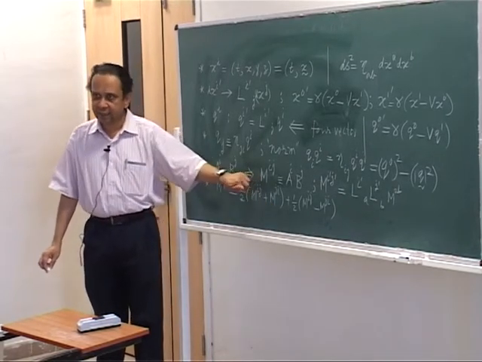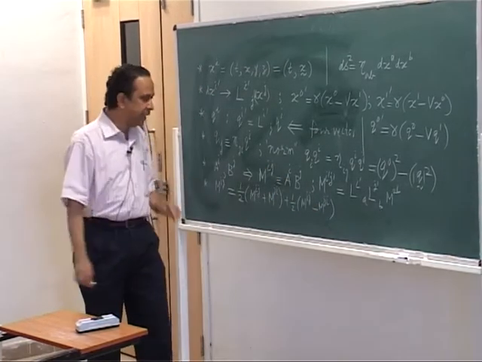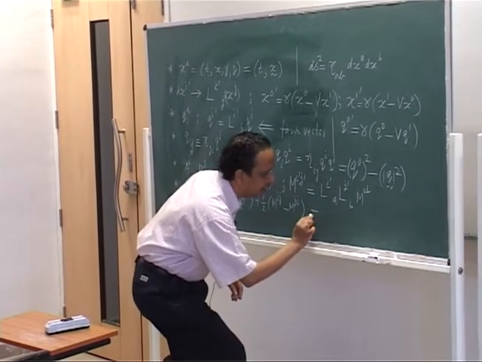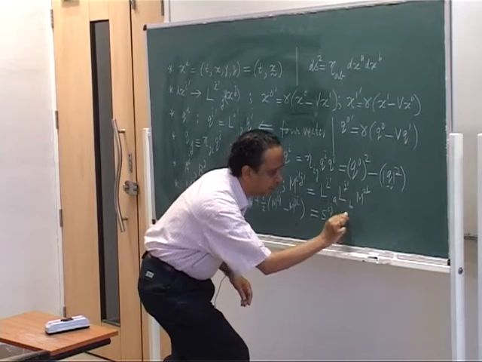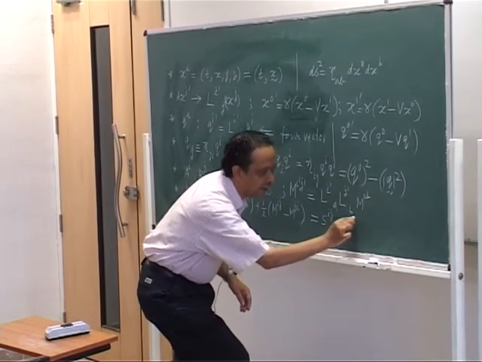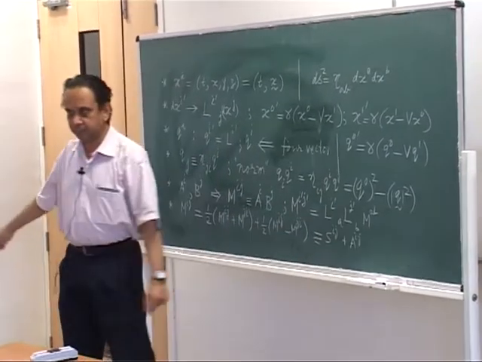When I change i and j, it does not change, this part is antisymmetric. So in general any M^ij can be written as a part S^ij which is symmetric in i and j plus another part A^ij which is antisymmetric in i and j. So this can always be done.